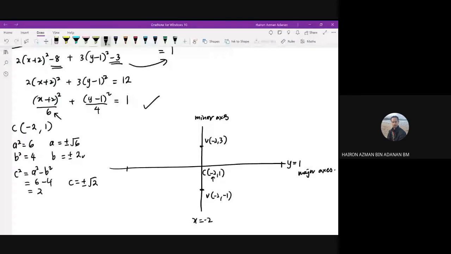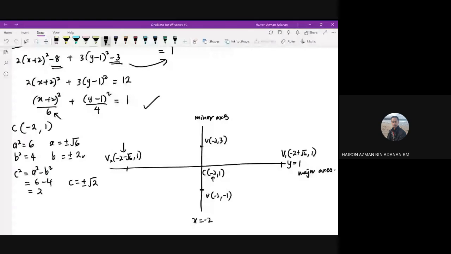So the major vertices here are negative 2 plus square root 6, 1, and negative 2 minus square root 6, 1. This one no need to calculate to the decimal point. No need. We want it exact.